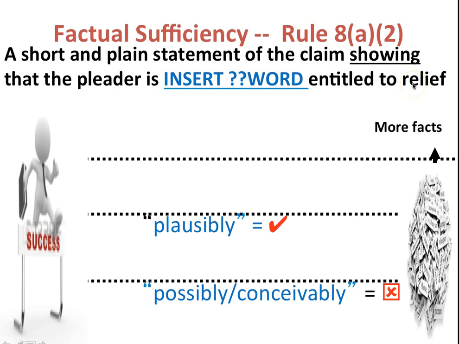Under the Conley notice era, the court simply said, does the statement of claim show the pleader is possibly entitled to relief? But now the court is saying, does the statement of the claim show the pleader is plausibly entitled to relief? A higher standard. Again, as you read the cases, look out for statements about what plausibly means.